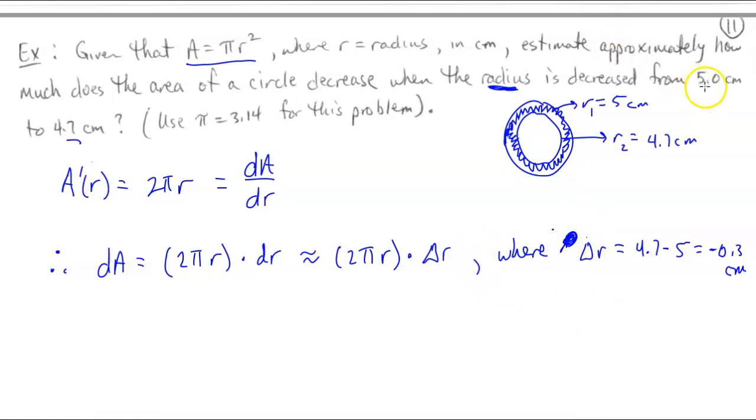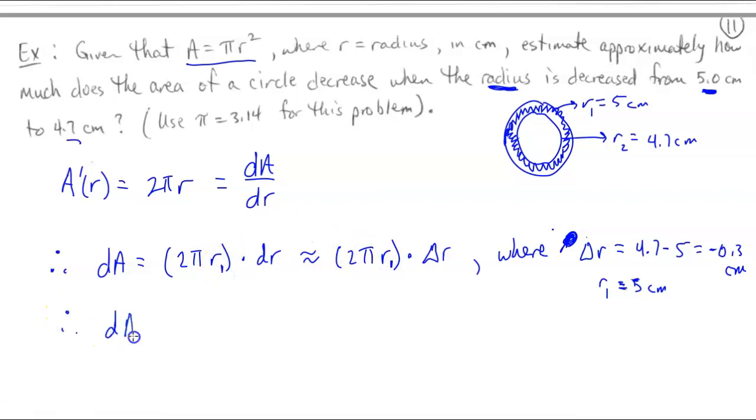The radius that we started off with was 5. So the R that you see here and here, I'm going to just name it R1. That's going to be 5 centimeters, okay? And that is what belongs here.